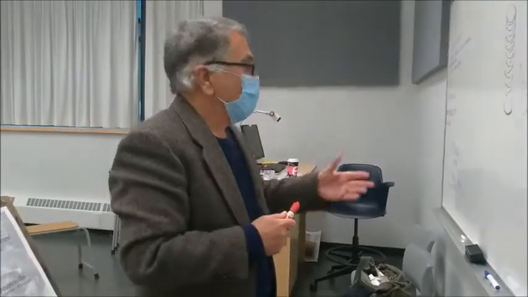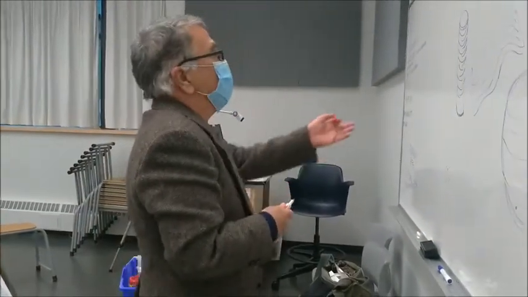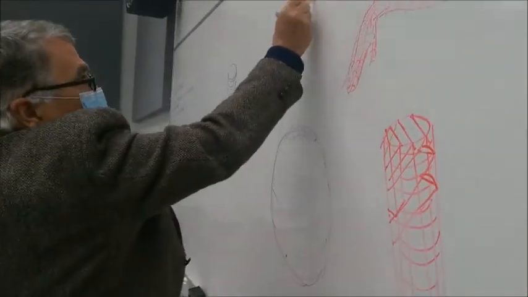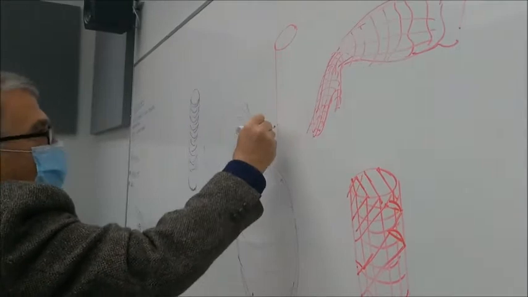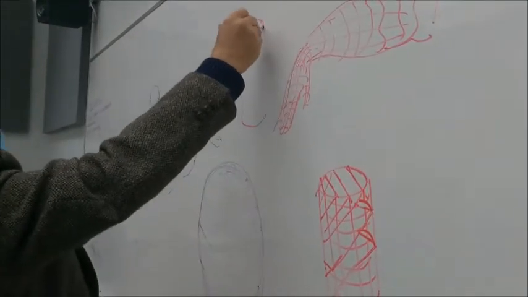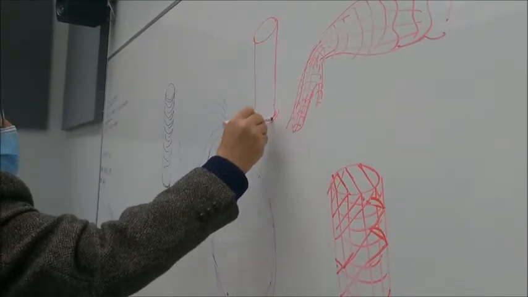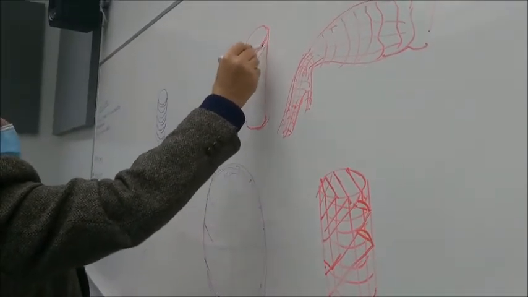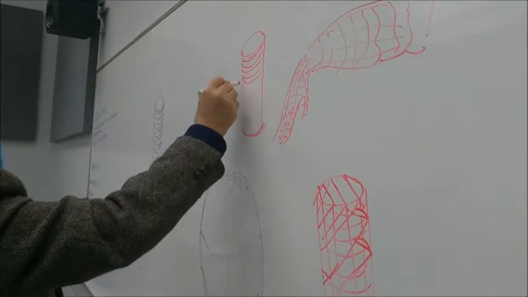For example, again, let's go to the cylinder. When you have this outline contour, this outline is created by many cross contours that go around something like that, right?